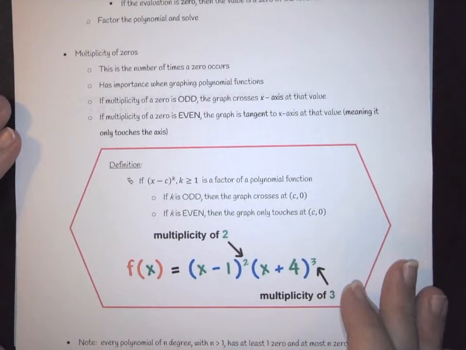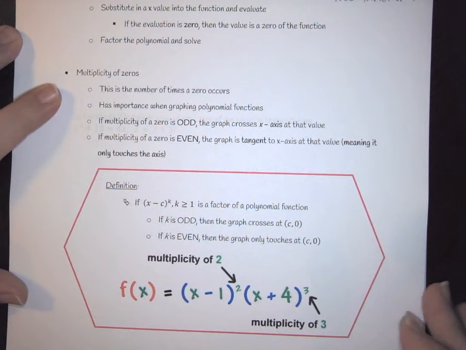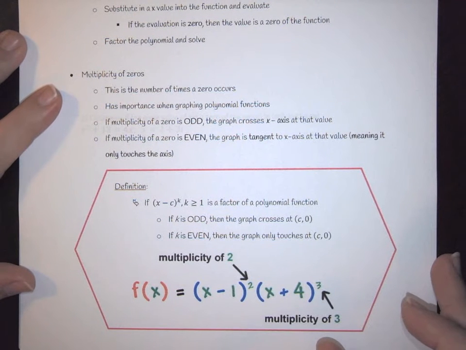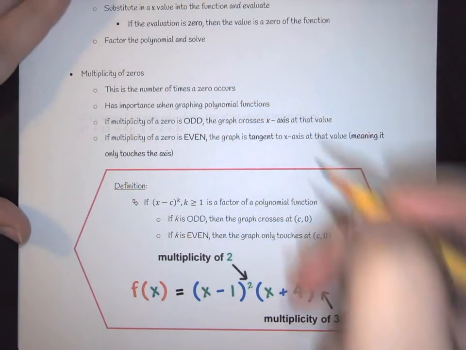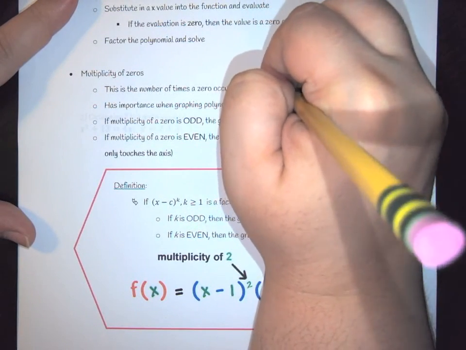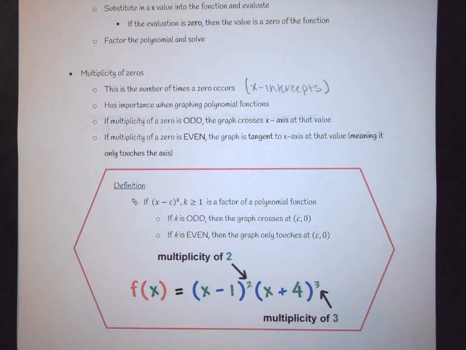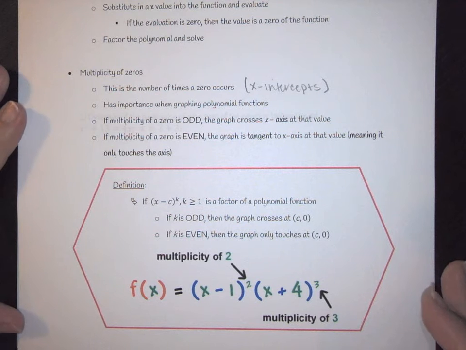Now we have a new concept that we talk about a lot in pre-cal, which is called multiplicity. When we're talking about multiplicity of zeros, essentially we're talking about the number of times that that particular solution occurs. Again, this means we are talking about your x-intercepts. Now previously in algebra, usually that x-intercept would only occur once, but when you get to higher degree polynomials, you could have a particular intercept occur more than once.